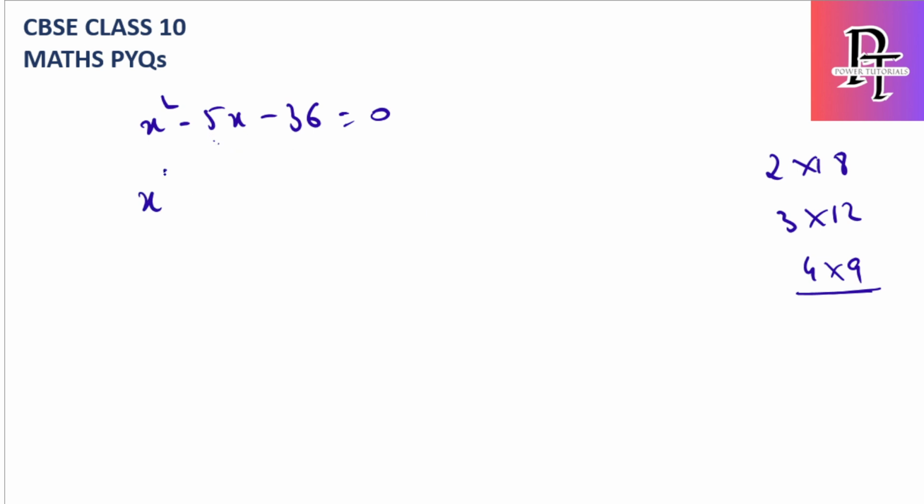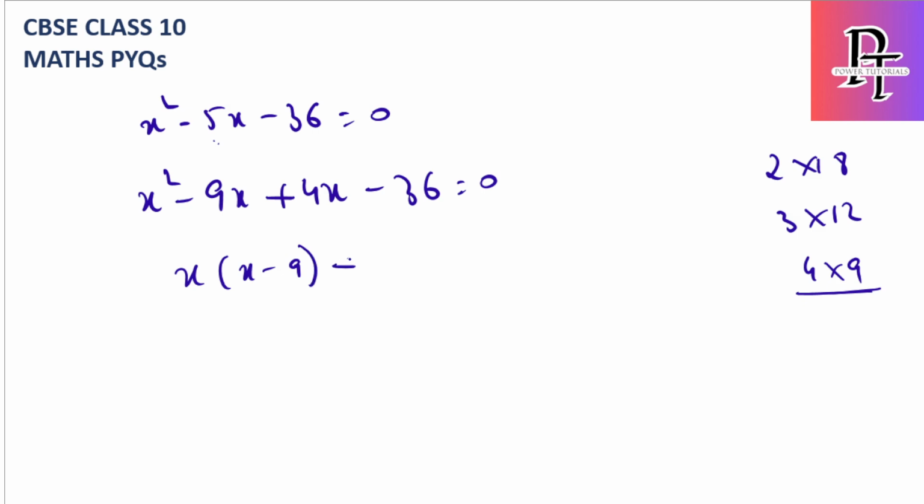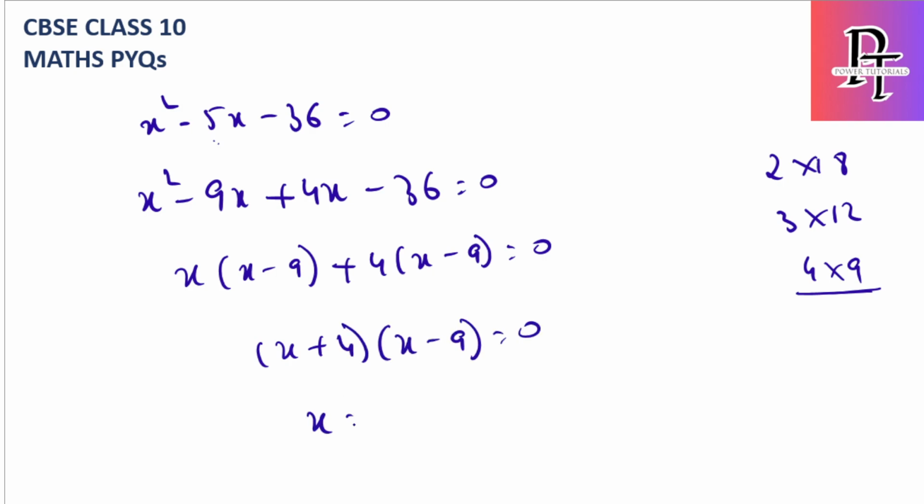So it will be x square minus 9x plus 4x minus 36 is equal to 0. Taking x common, x into x minus 9 plus 4 into x minus 9 is equal to 0. The final step is x plus 4 into x minus 9 is equal to 0. So the x values I got are minus 4 and 9.